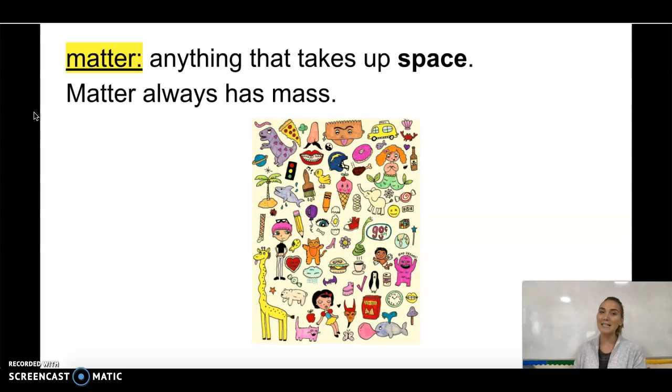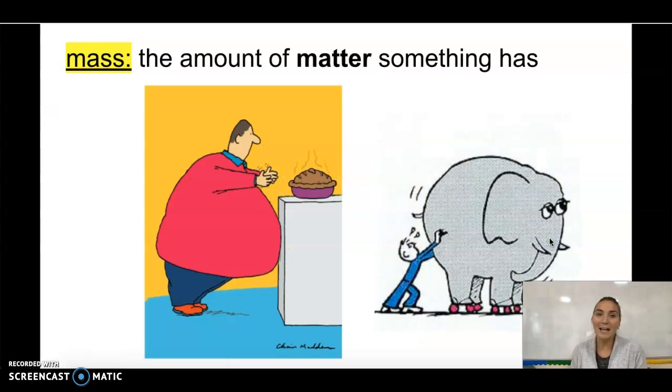Matter always has mass. Go like this, mass. What is mass? Mass is the amount of matter something has. The amount of matter, the amount of space that an object takes up.